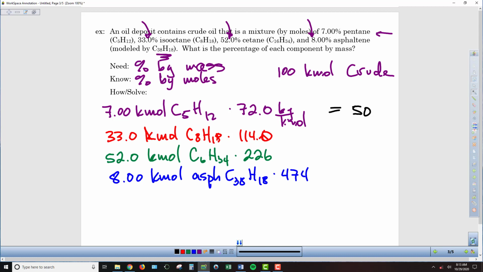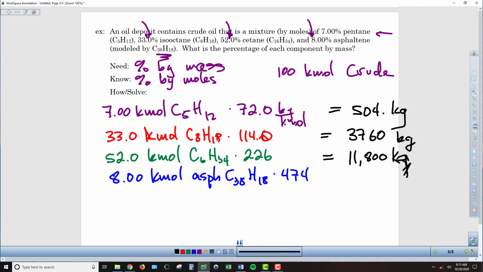If we multiply all of these out, we'll get the mass amounts in this 100 kilomole sample. Here we get 504 kilograms of the pentane. We end up with 3,760 kilograms of the isooctane. We've got 11,800 kilograms of the cetane.